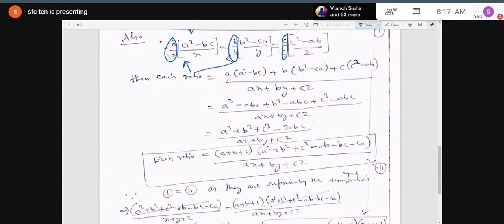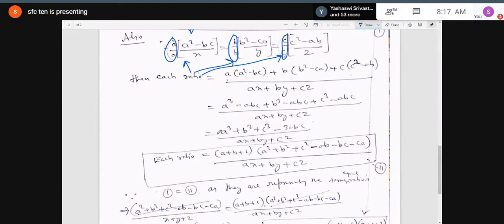So similarly, when you add a into (a square minus bc) plus b into (b square minus ca) plus c into (c square minus ab) upon ax, which was the first denominator, plus by plus cz, and then when you proceed, you will come to the stage a cube plus b cube plus c cube minus 3abc upon ax plus by plus cz.